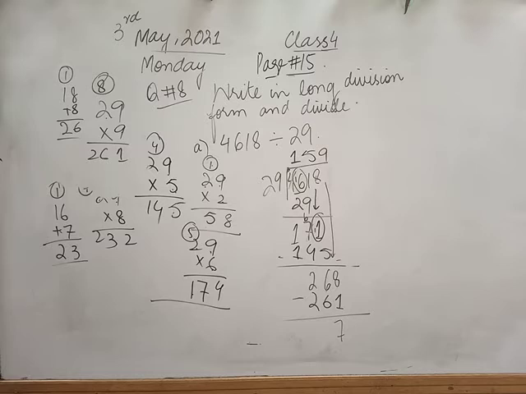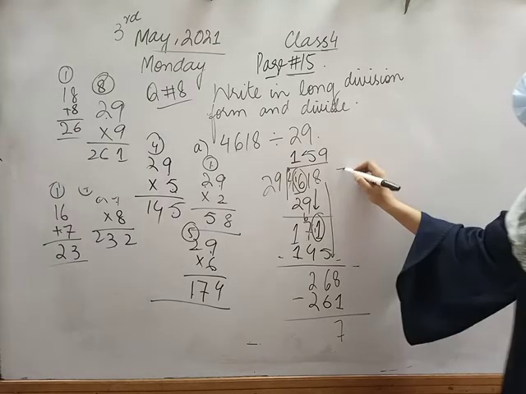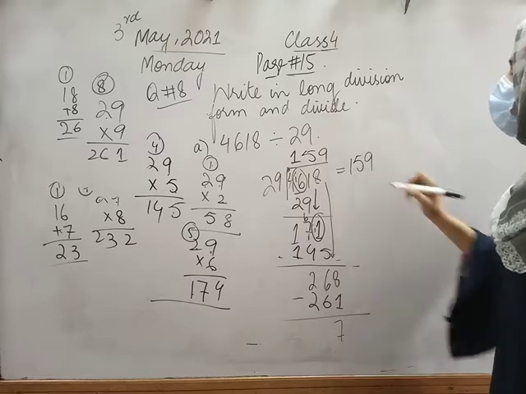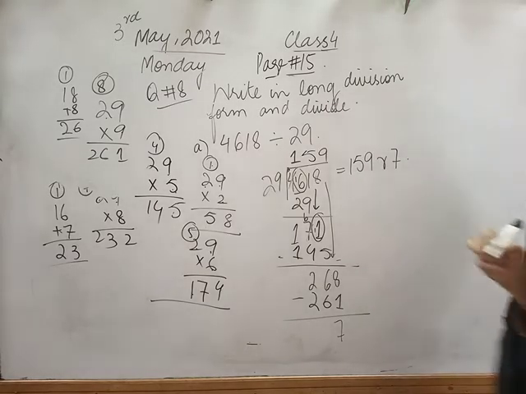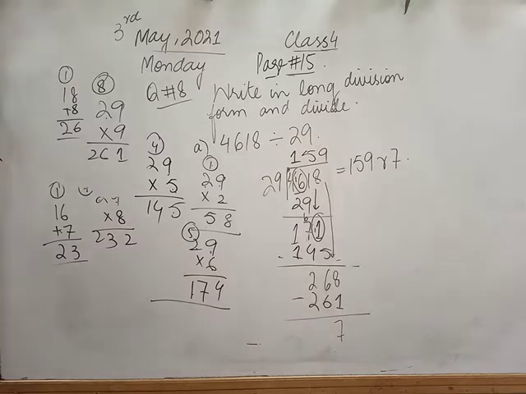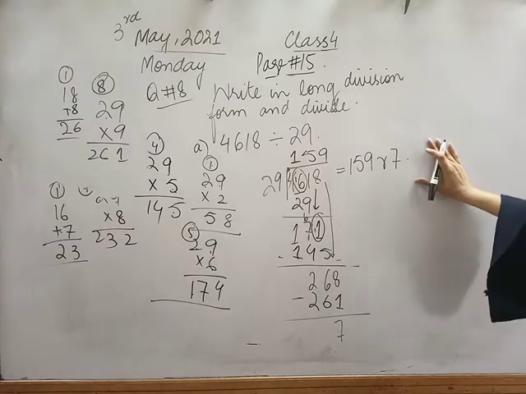So 7 is smaller than 29, so we will stop here and we can write this as 159 remainder 7. So this is the way to write.